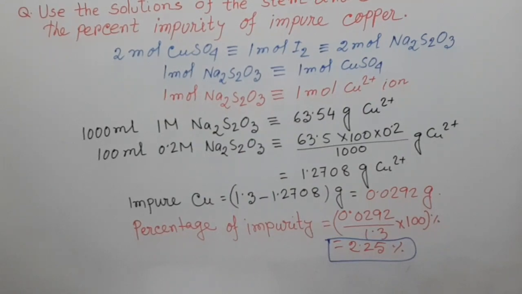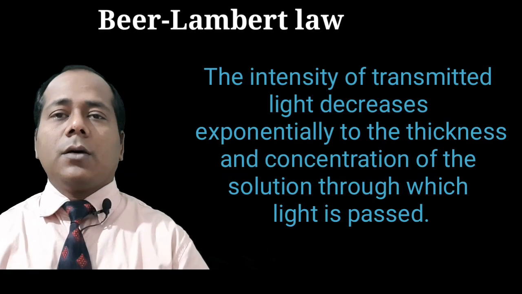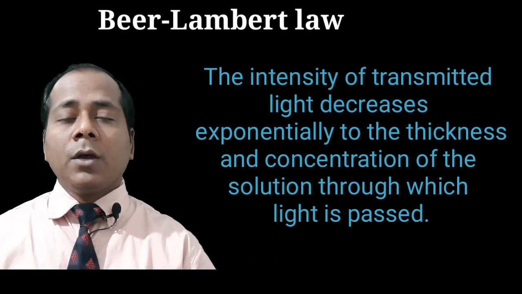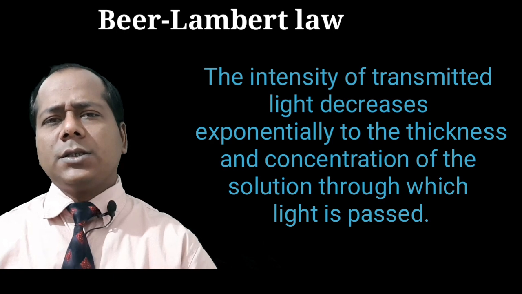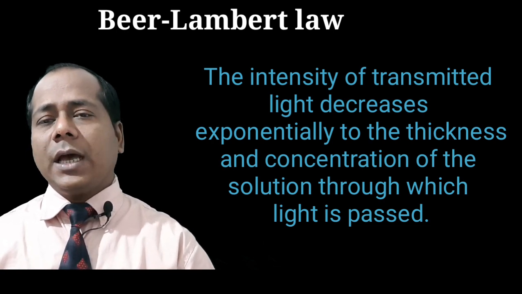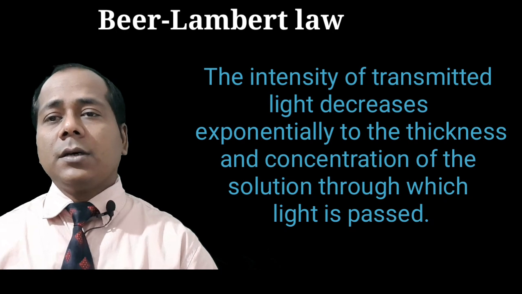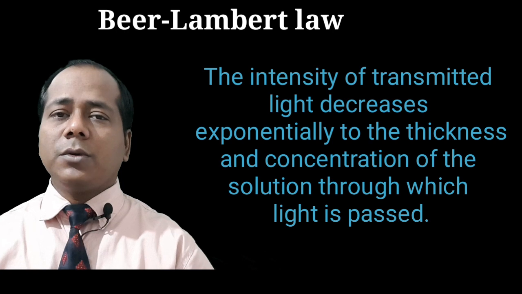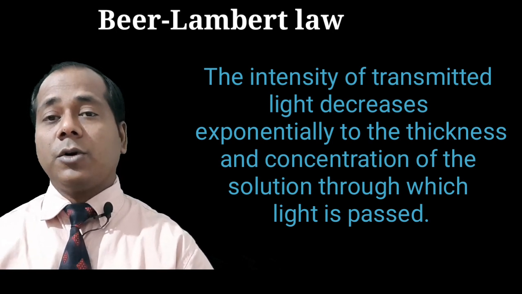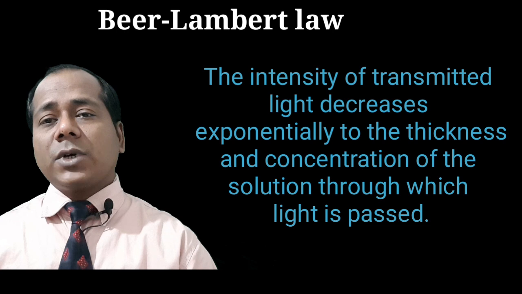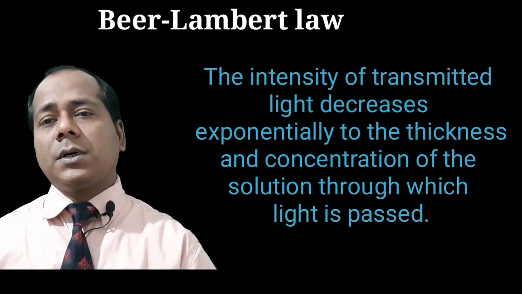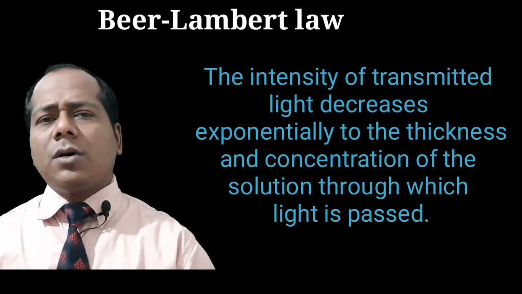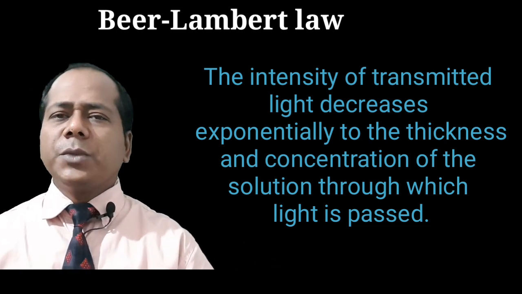My dear students, now we discuss what is Beer-Lambert law. When UV light is passed through compounds having multiple bonds and lone pair of electrons, such as carbon-carbon double bond or carbon-oxygen double bond, a part of incident light is absorbed, a part is scattered, a part is transmitted.